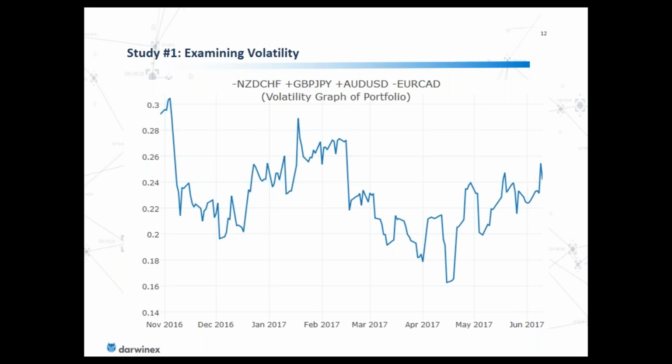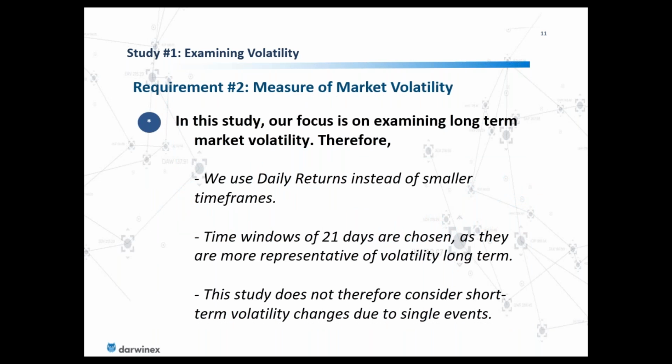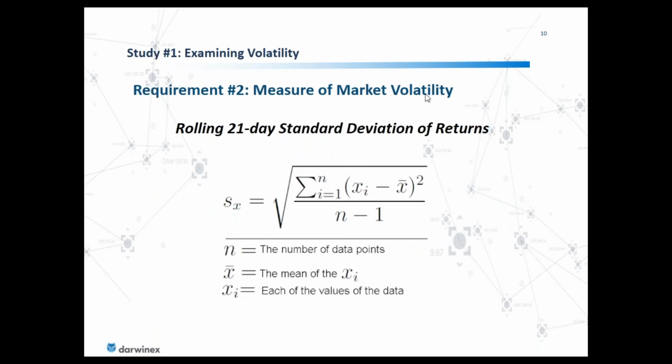Okay. How do you calculate volatility? Is another question. How do I calculate volatility? Okay, so we calculate volatility using a fairly standard measure. Rolling 21-day standard deviation of returns is what we've used as our measure of volatility.